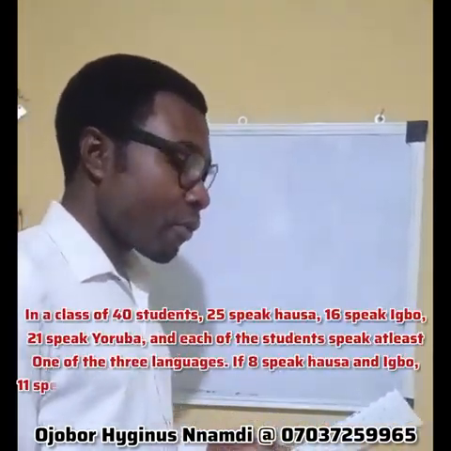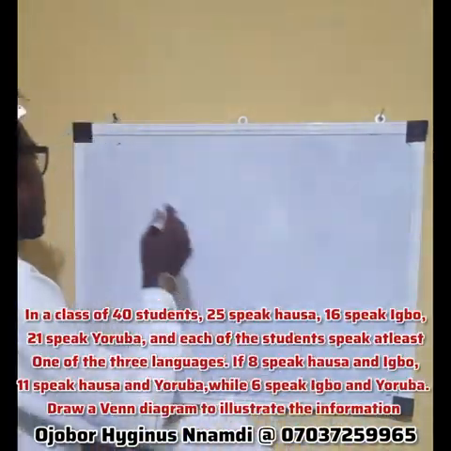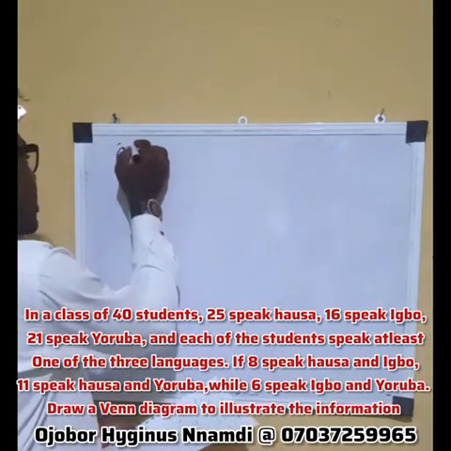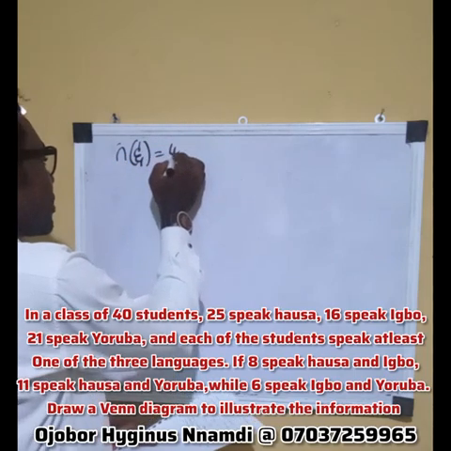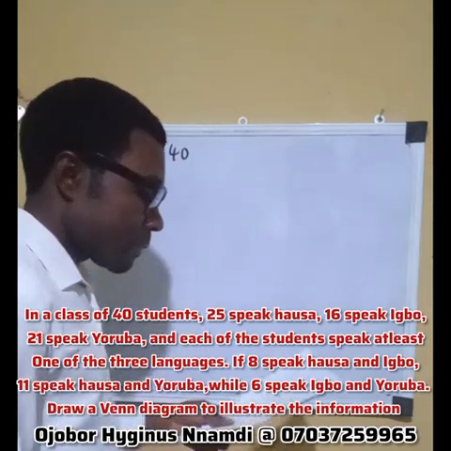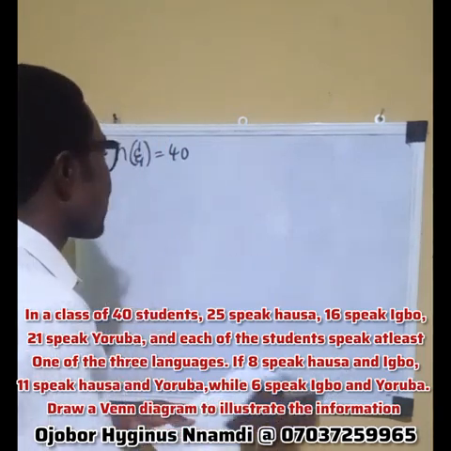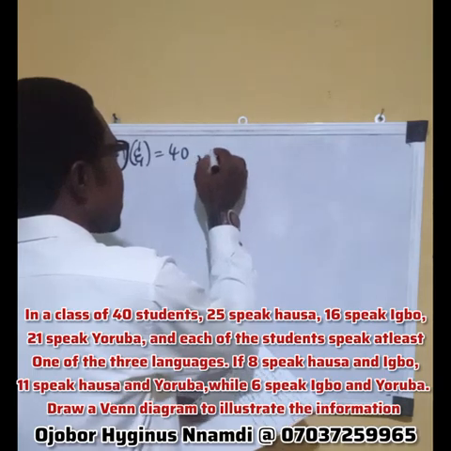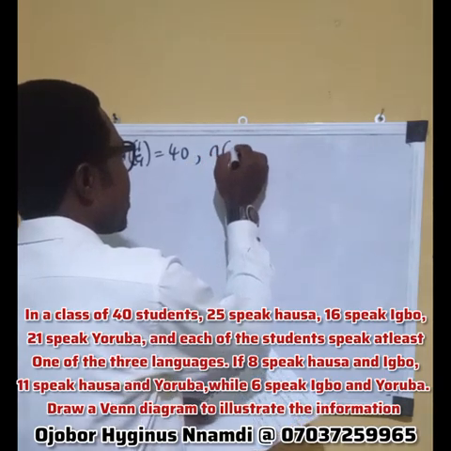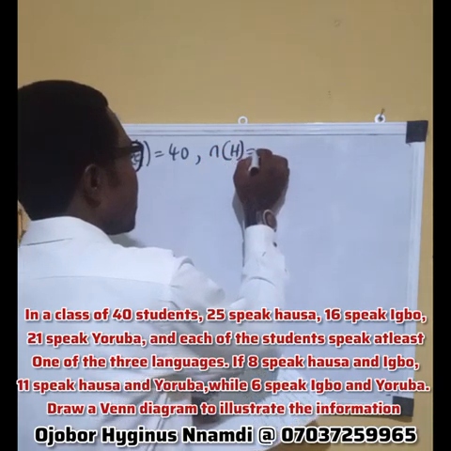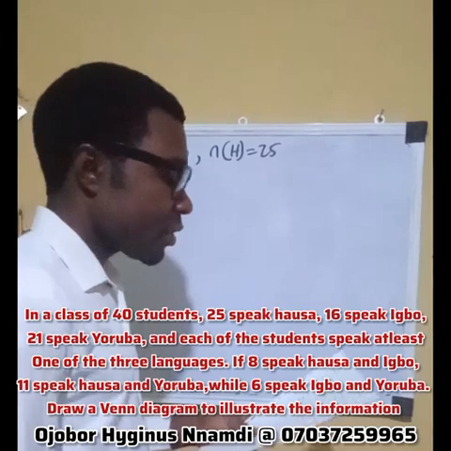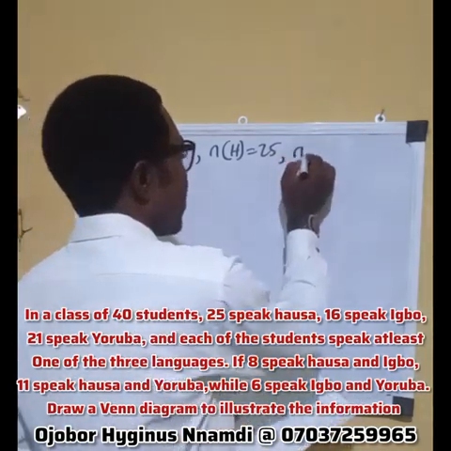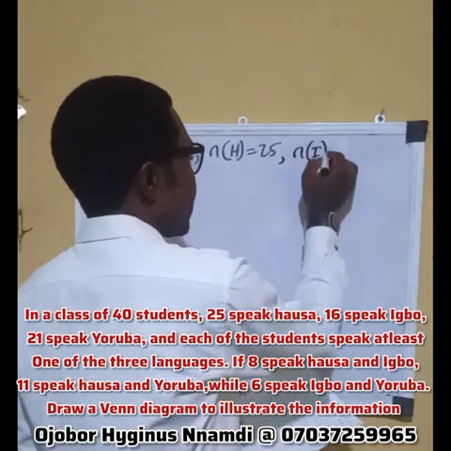In a class of 40 students, so 40 students means that the total number of students as the universal set is 40. Okay, 25 speak Hausa, which I am going to use H to represent. 16 speak Igbo, which I am going to use I to represent.